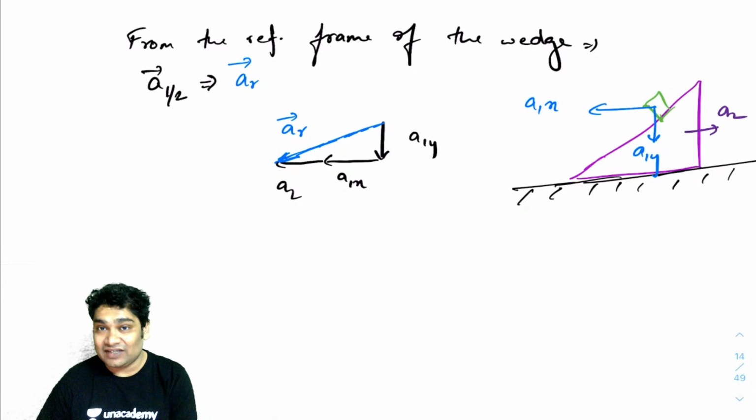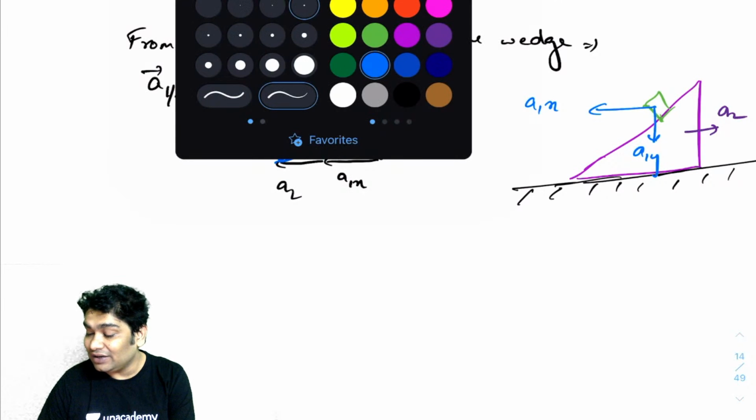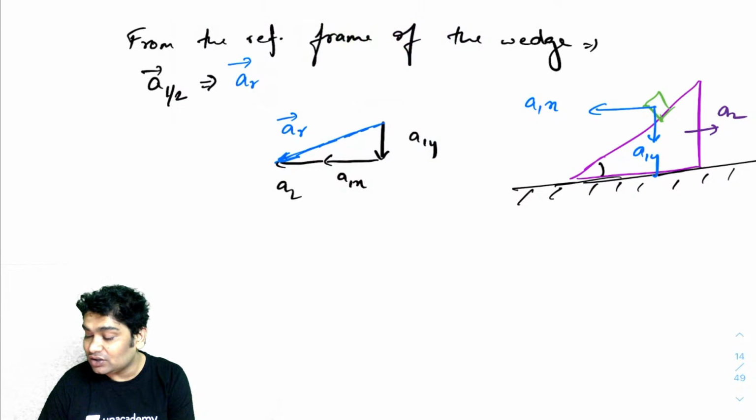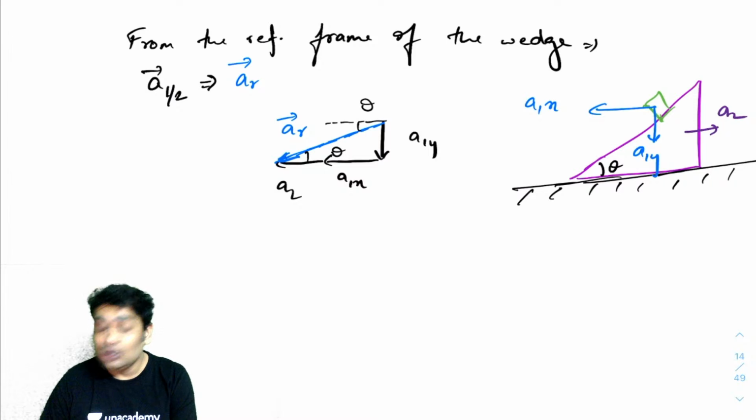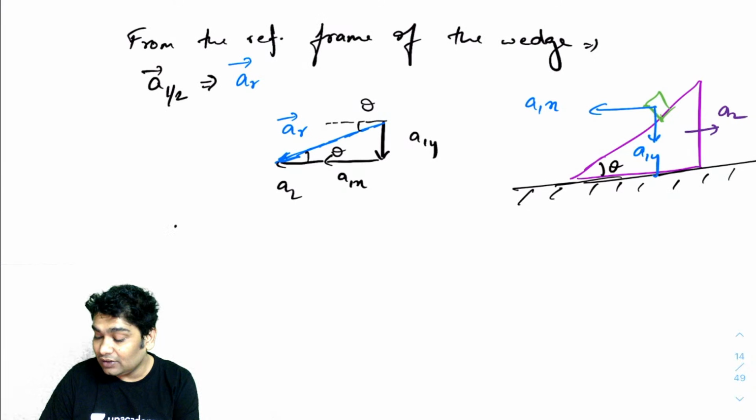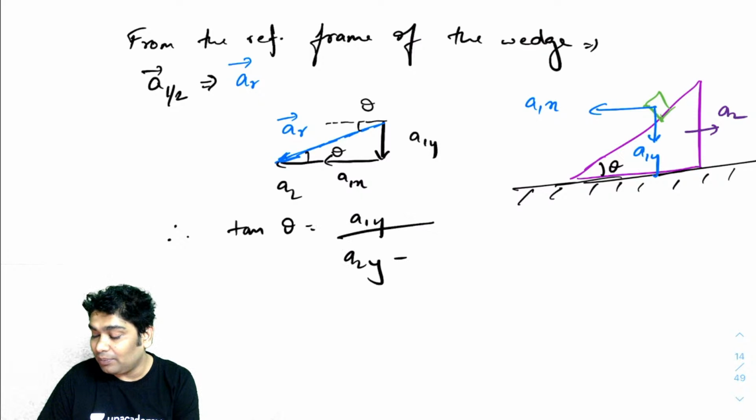Okay, now that you see this vector, again, this vector has to point along the incline. So if the angle of inclination here was theta, then you will realize that this becomes theta, this also becomes theta. So here the wedge constraint equation would be, therefore, I can say that tan theta would be equal to a1y over a1x plus a2.